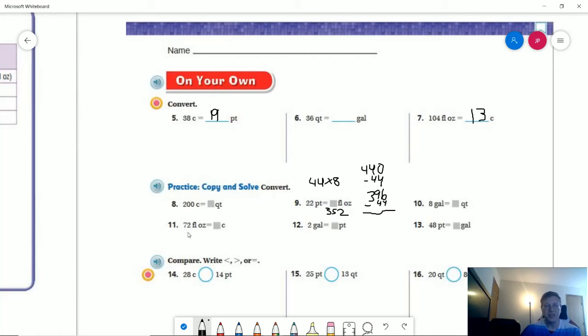Next, 72 fluid ounces. This one's much easier. I can divide by 8 to get the number of cups, and that would give us 72 divided by 8, which is 9.